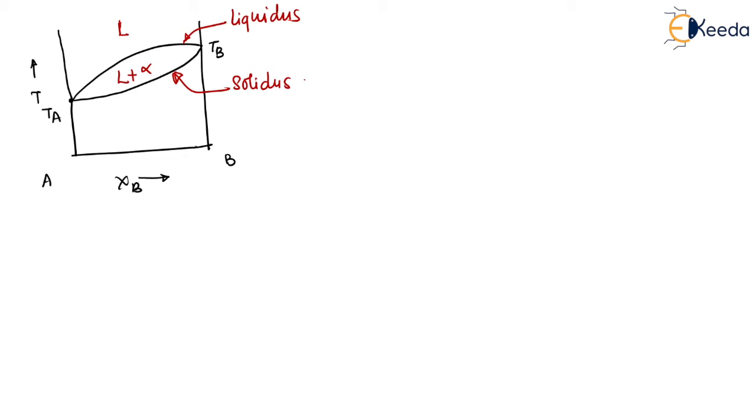The very important rule in the phase diagram is that we use only Greek letters for representing the phase. The solid phase is always represented by a Greek letter, so I have used alpha here. That is our solid, liquid plus solid, and here the solid phase alpha once again. Below the solidus line there will be the solid, and above the liquidus there will be the liquid.